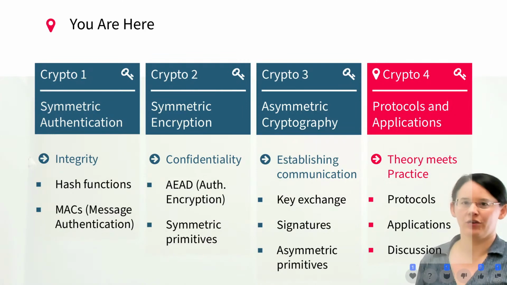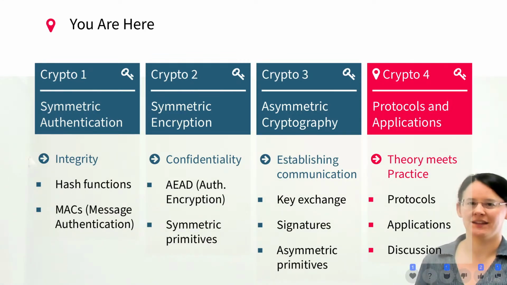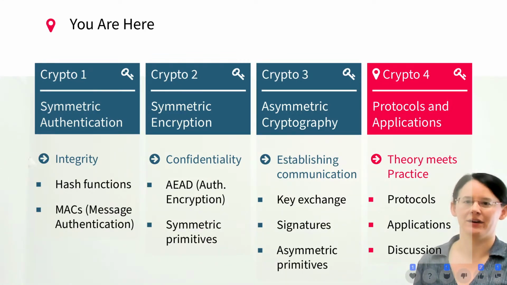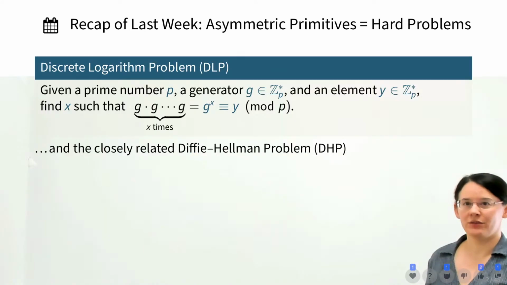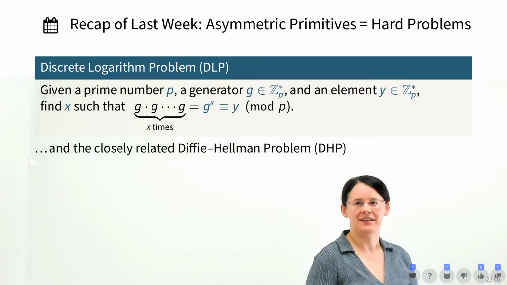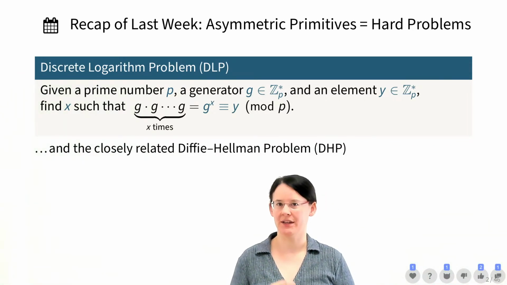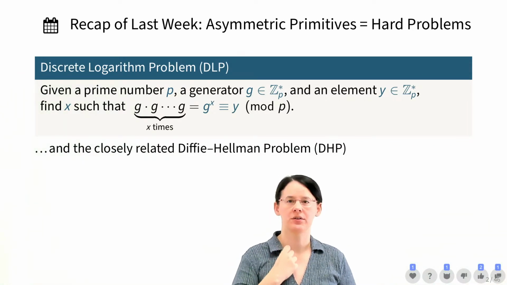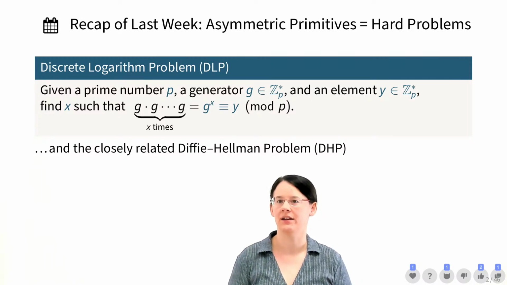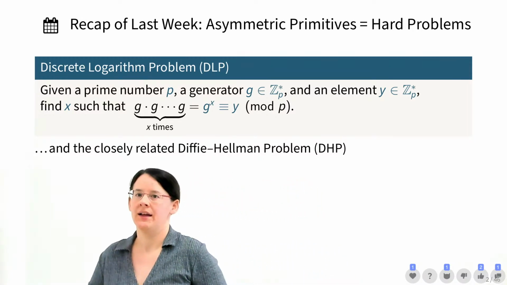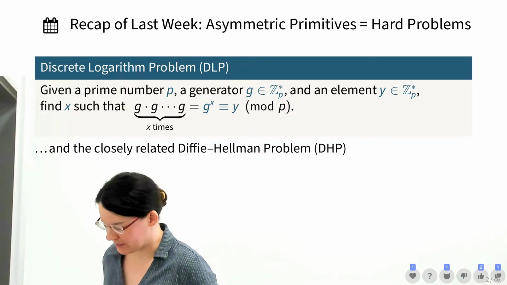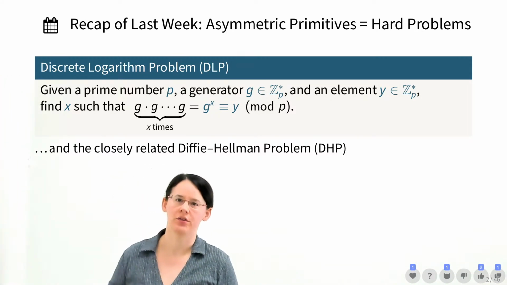Let's first have a look at the recap of last week, and afterwards I can get to those questions we have already. So what did we talk about last week? I already said asymmetric cryptography. We said that these asymmetric primitives are usually based on complexity-theoretically hard problems. One of these hard problems that we talked about is the discrete logarithm problem.